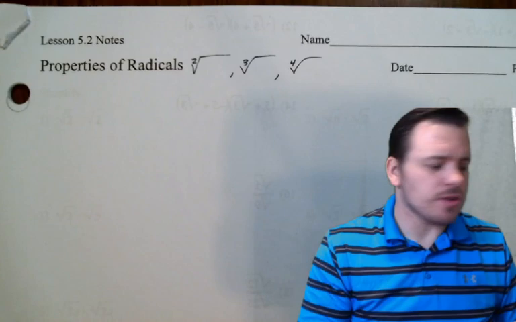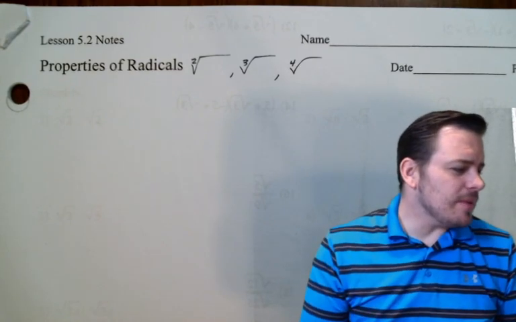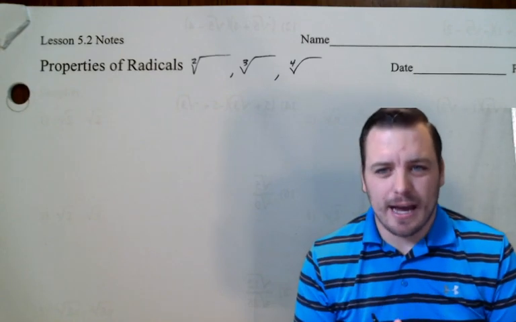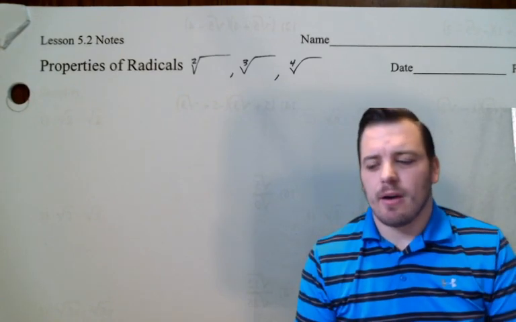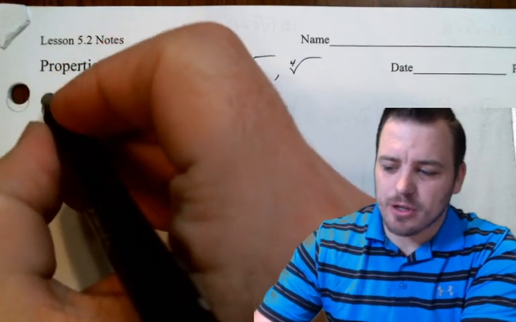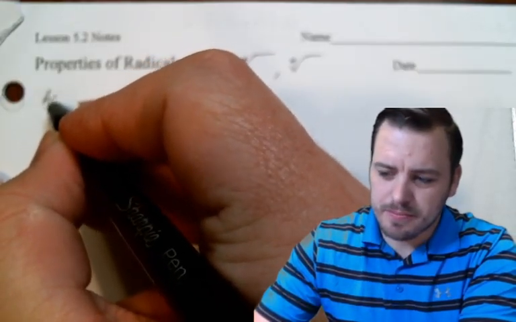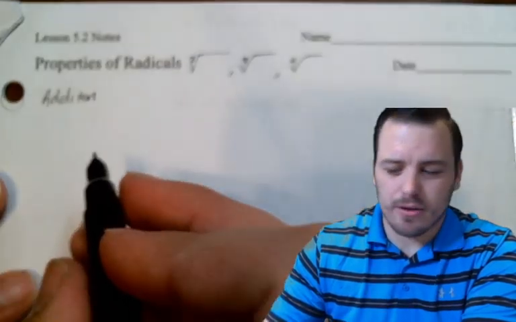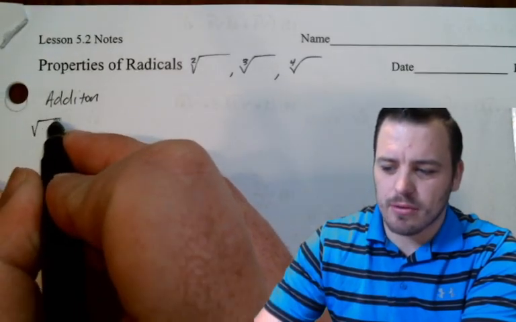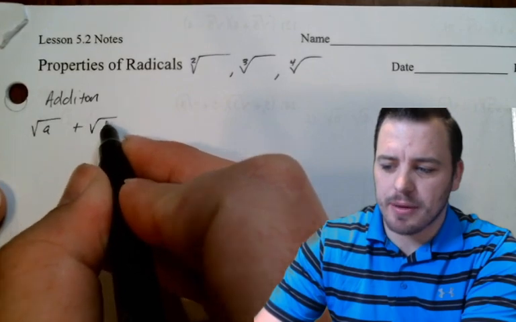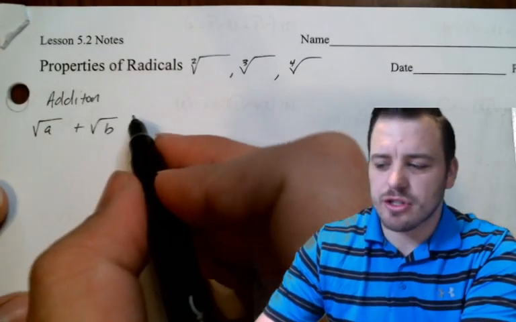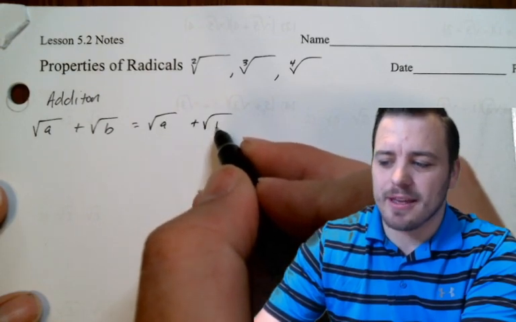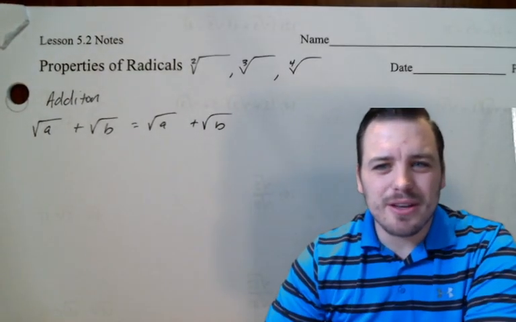There's basically going to be two properties that we're going to deal with for radicals. Now let's talk about addition and subtraction real quick. Addition of radicals would look like this: radical A plus radical B. That would just simply be radical A plus radical B. There is nothing you can do with those.